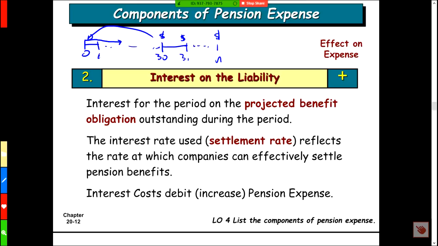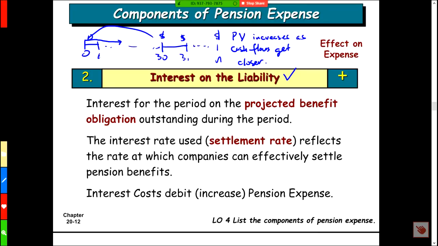So present value increases as cash flows get closer. All right, so that's what the interest on the liability is.